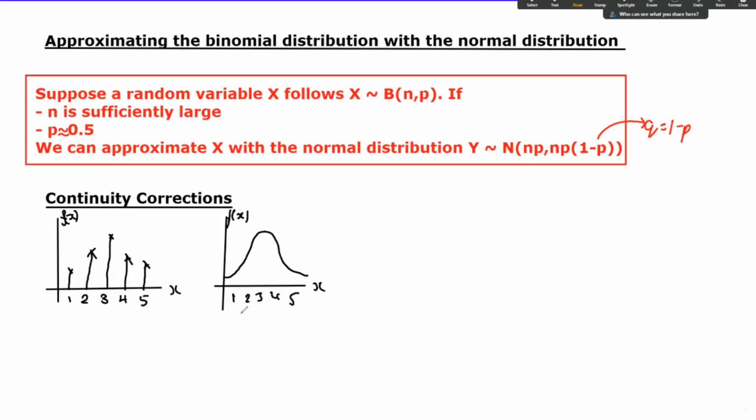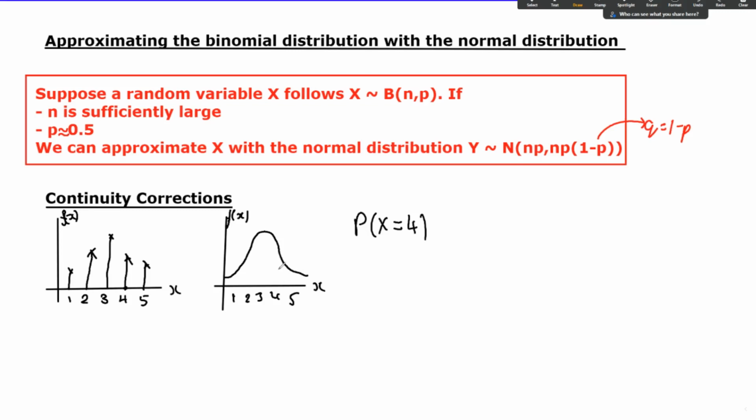Now the issue with that is, let's say we have a binomial distribution and we want to figure out P(X = 4). With the binomial, we just look at that probability at 4, which is okay because it's discrete data and we get a value. But if you remember, with the normal distribution, the probability is the area under the curve.